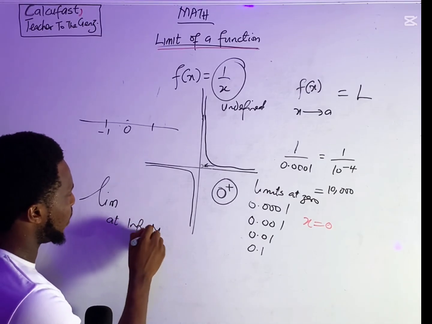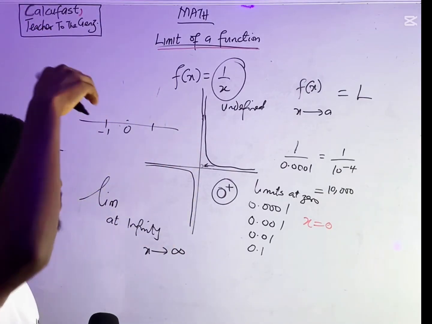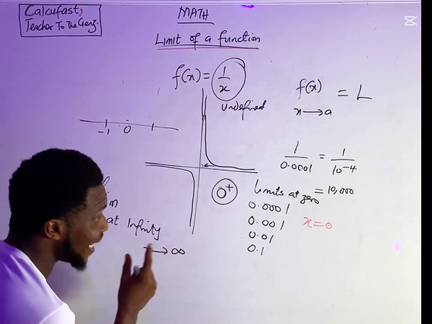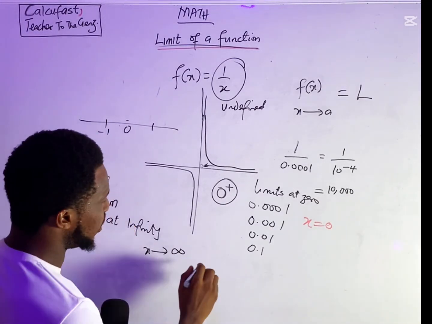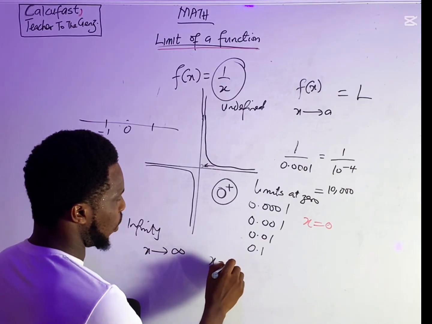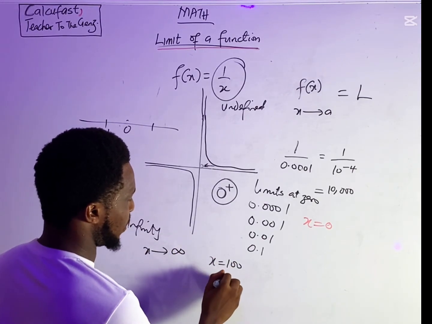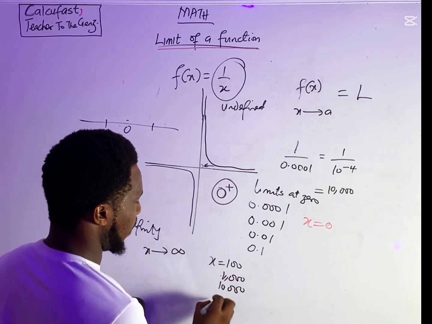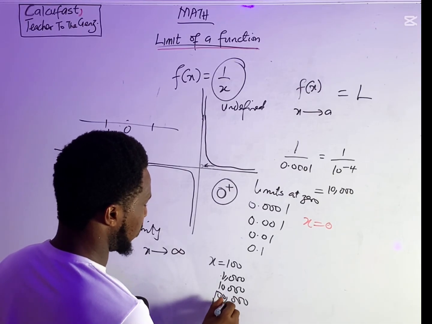Let's put it this way: as x is becoming big and big and big, this is the idea of infinity. So as x is becoming extremely big, let's say x equal 100, we have 1,000, we have 10,000, we have 100,000, and we have 1 million.